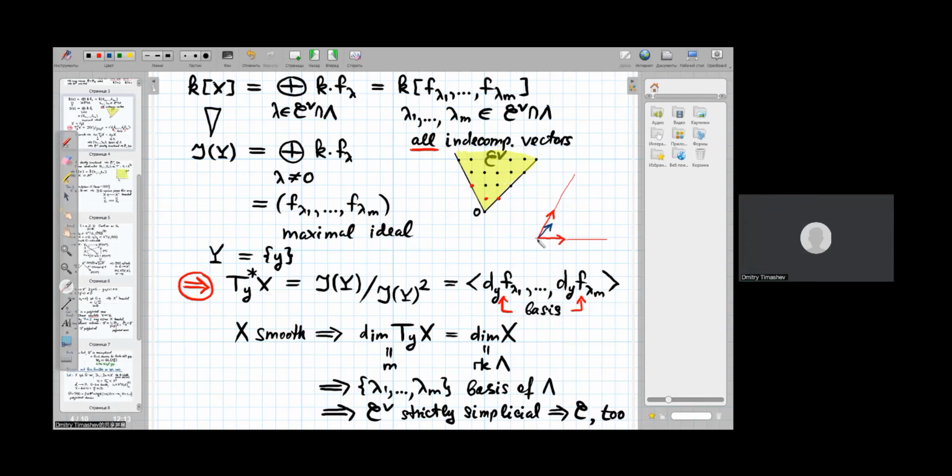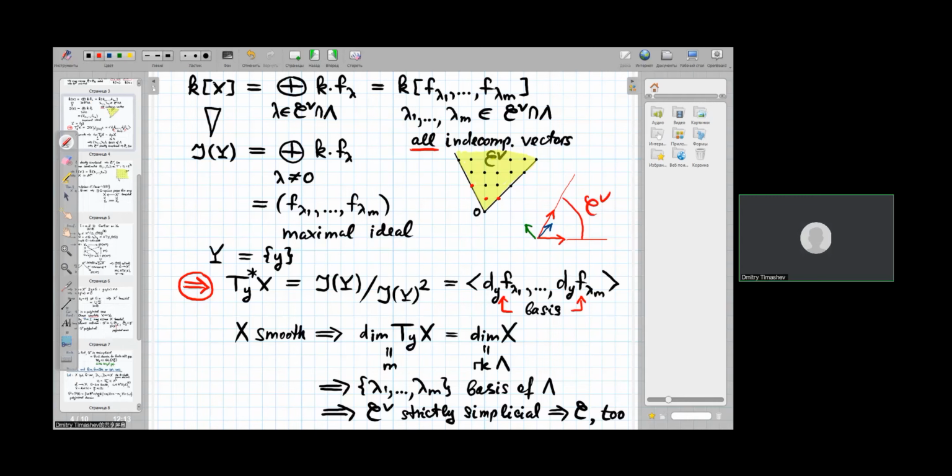Well, if you have a vector outside of C check, then you also have a vector in C check. So, for instance, if you have a vector somewhere here, this one. C check is a solid cone.